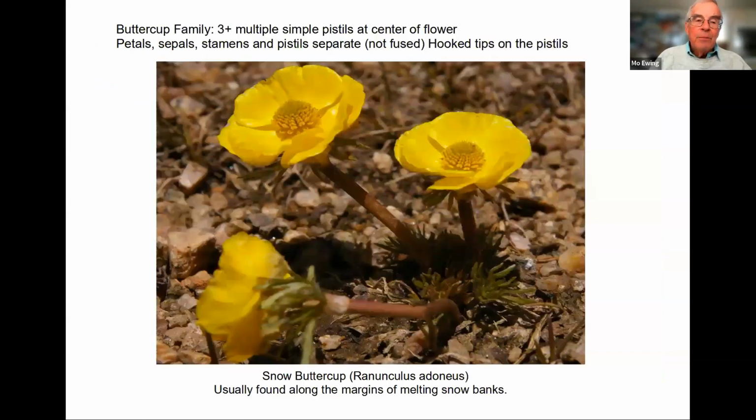Another one of my favorite plants up here is in the buttercup family, the snow buttercup, Ranunculus adoneus. This plant grows right on the edge of snowbanks. As snowbanks are melting back, you will find this within a foot or two of the edge of the snowbank. It just blooms really fast.